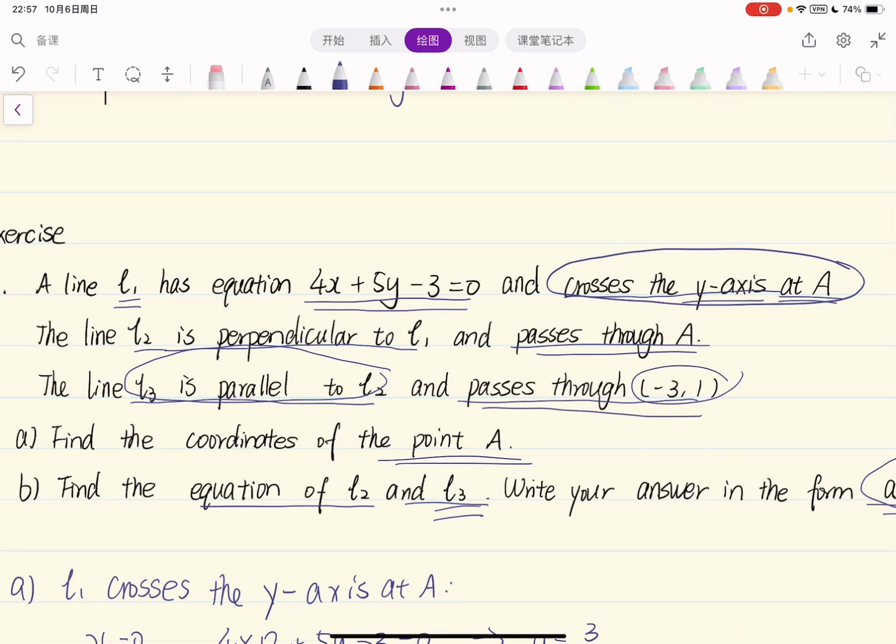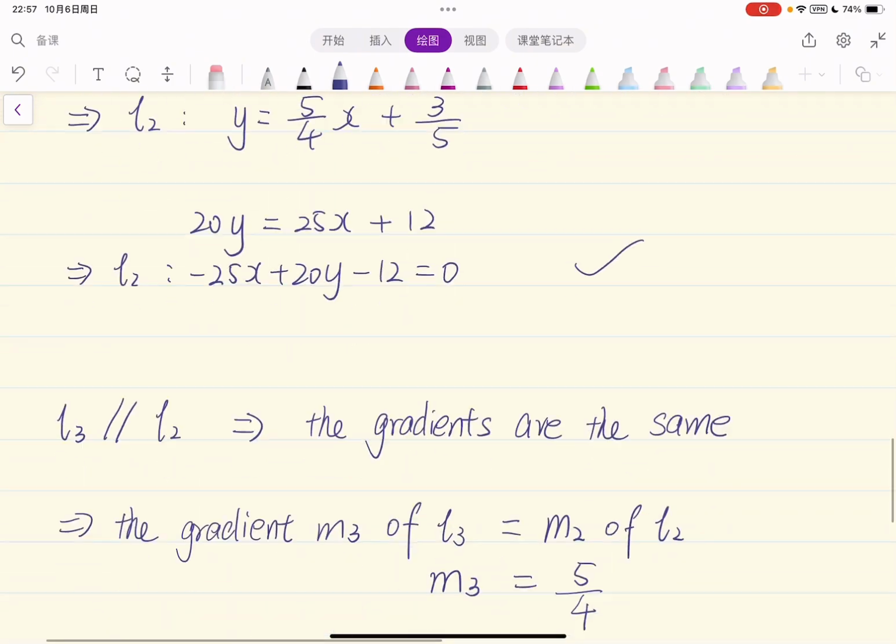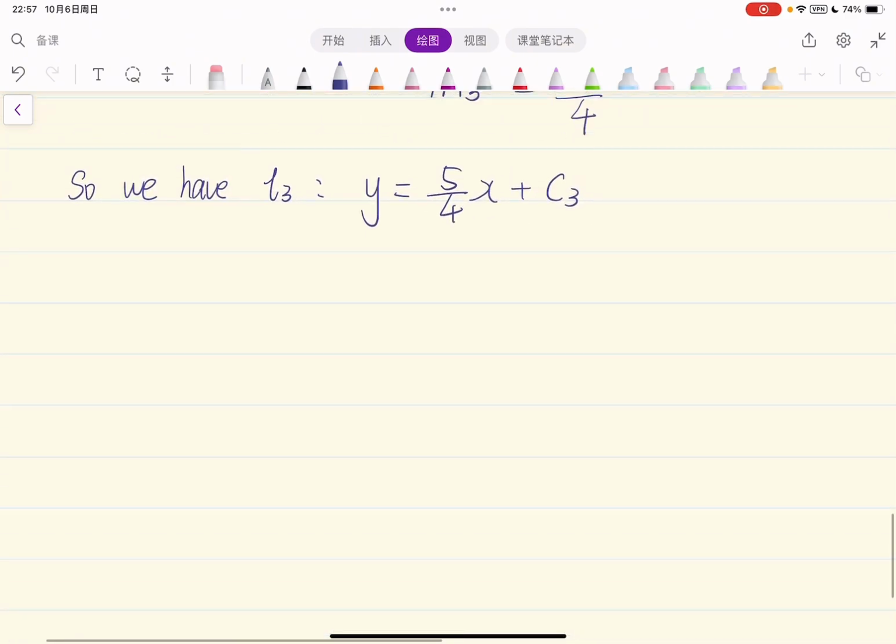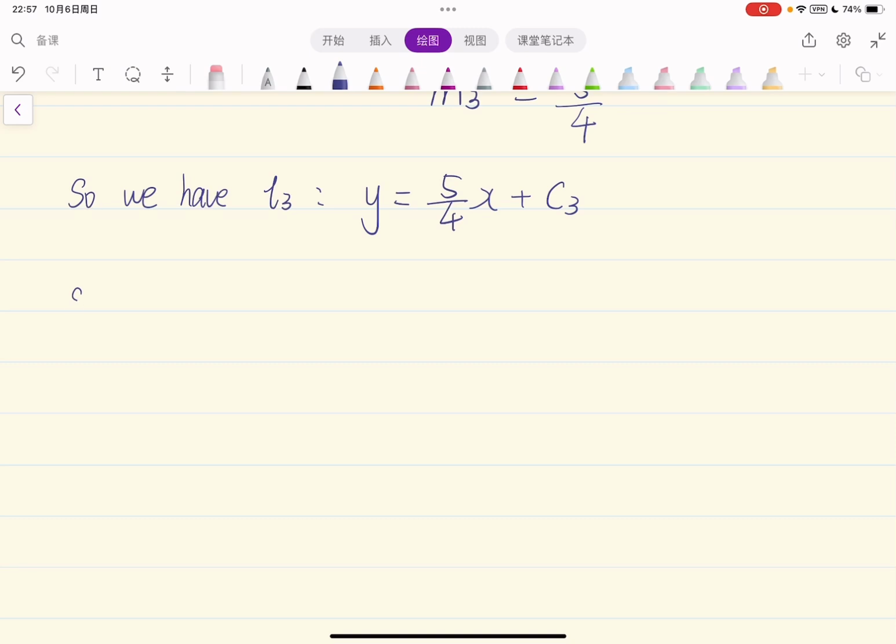So we can substitute the x-coordinate and y-coordinate into the equation of L3 to find the value of C3.